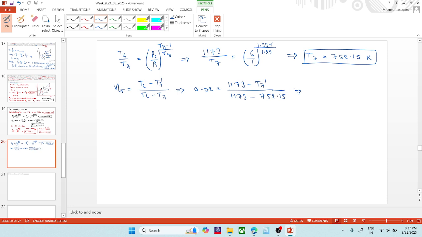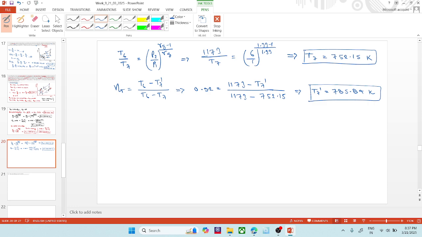So from here the value of T7 dash would be 785.84 Kelvin. Okay. So now I got to know all the temperatures.